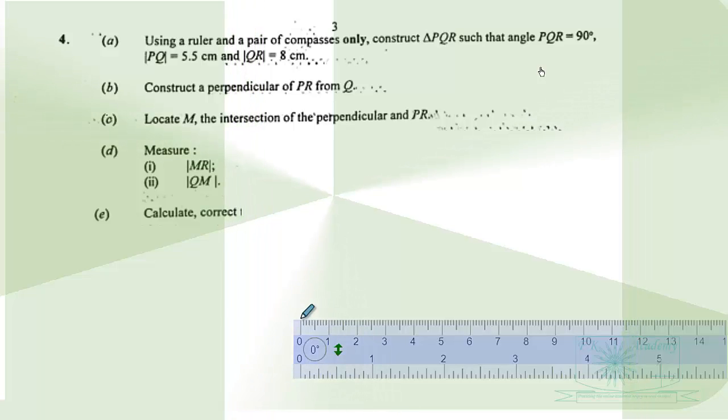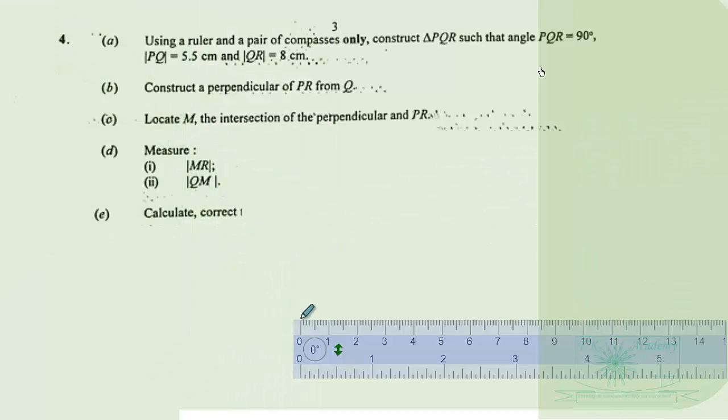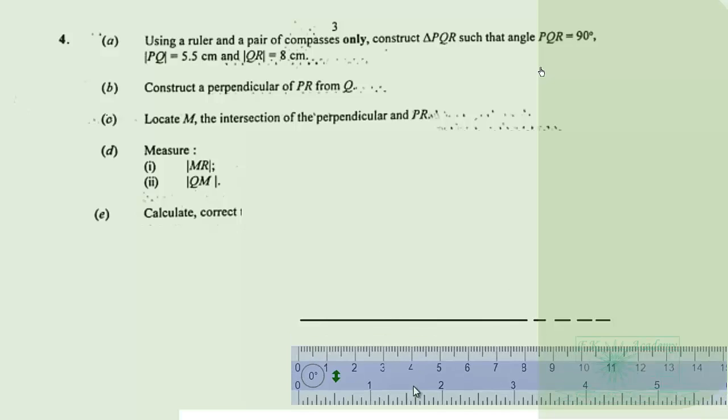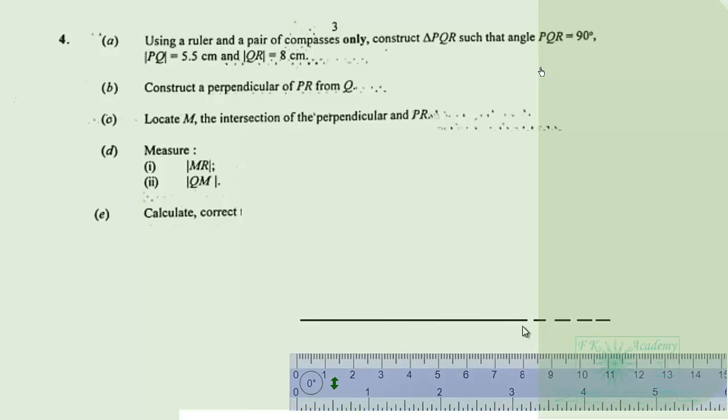So we can start the construction by drawing QR. So we have QR here. I'm projecting it because we have a 90-degree angle to construct. So let me label the point. This point is Q, and this point is R. Great.